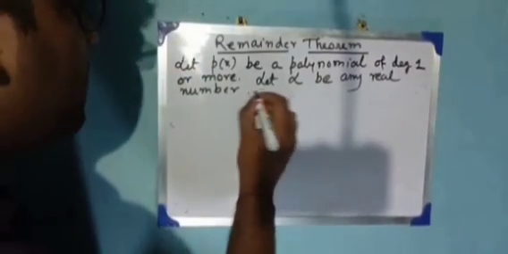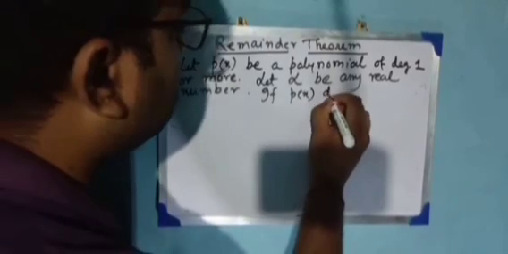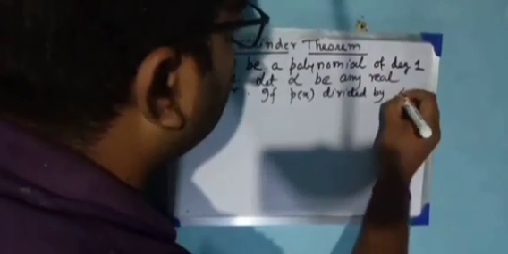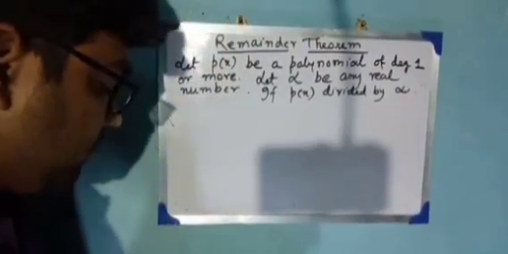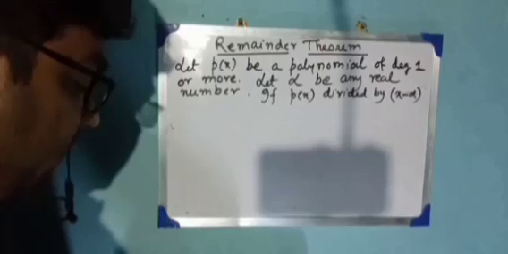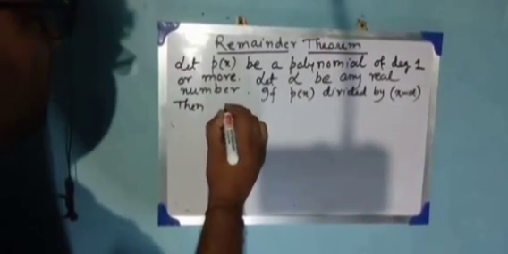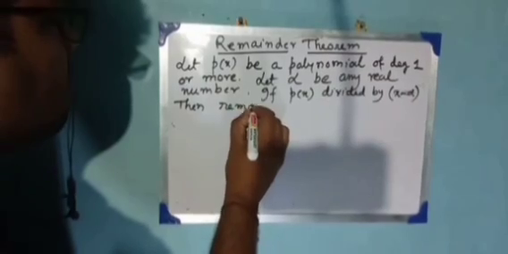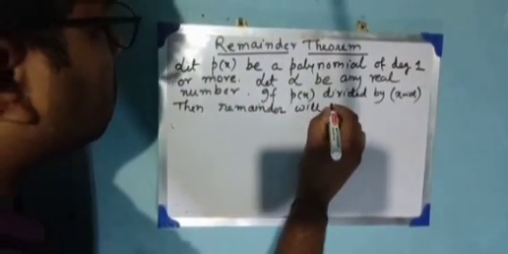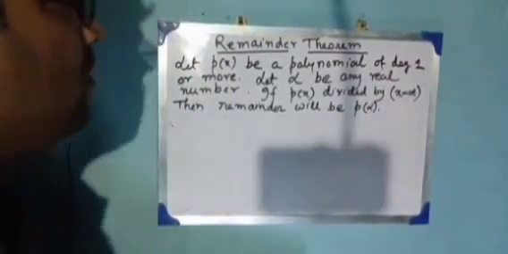If P(x) is divided by x minus alpha, then the remainder will be P(alpha).